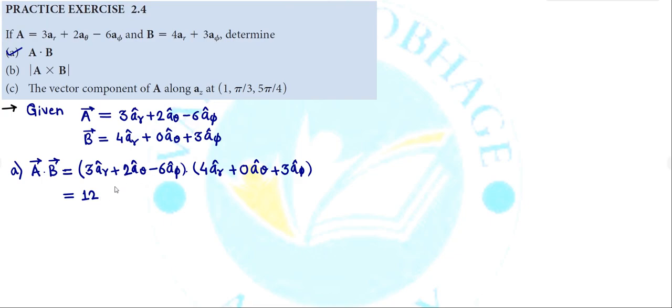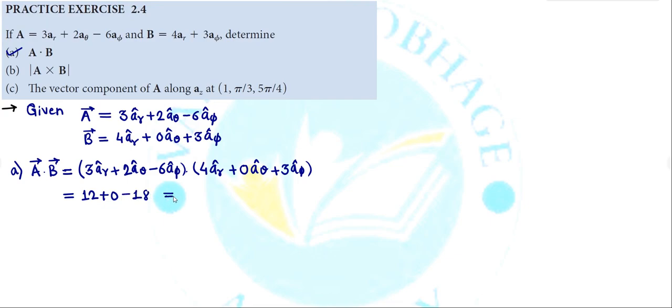The magnitude there is 2, and here the theta magnitude is 0, so 2 multiplied by 0 will again be 0. The next is this -6, which is along the phi direction, and here it is 3. So -6 multiplied by 3 will be minus 18.